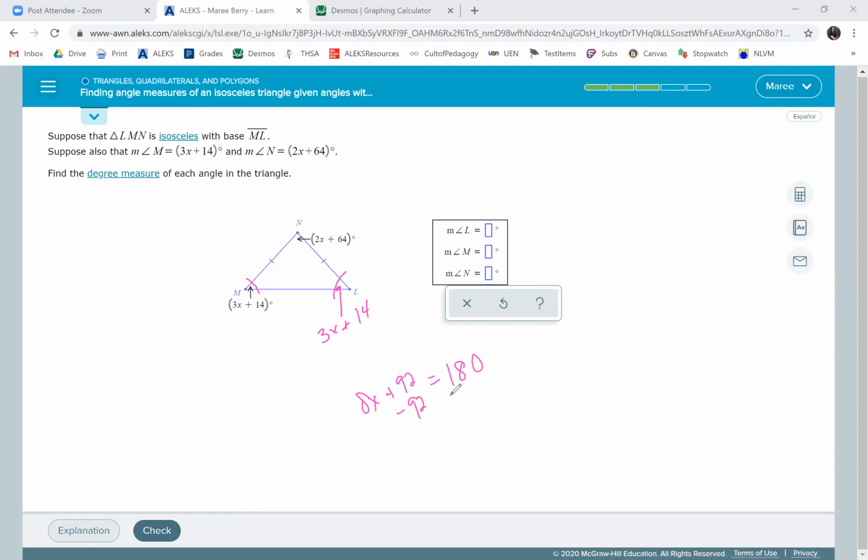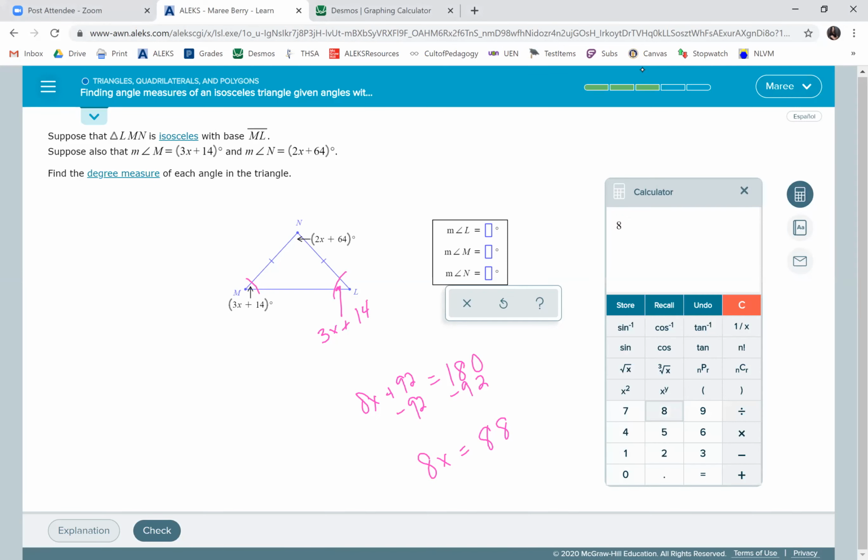So I subtract 92 from 180. I get 88. So then I have x is 11.